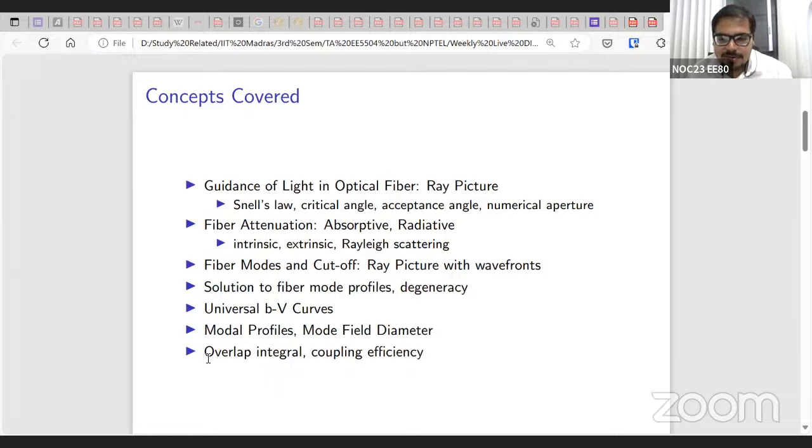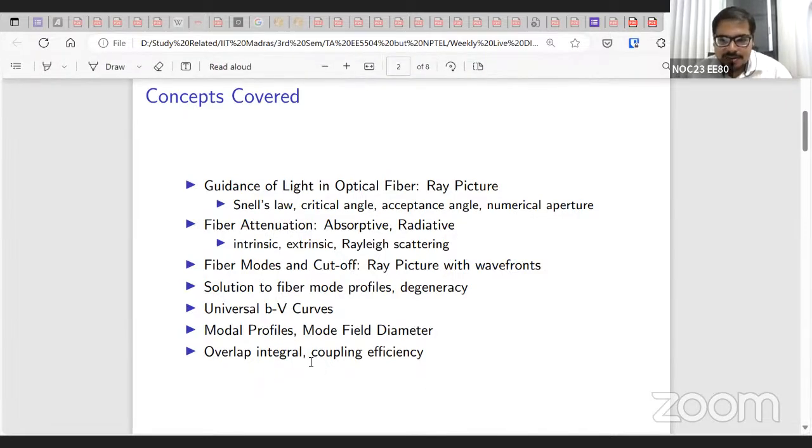So this is an important concept, but we're not going into much depth in discourse. Basically, you can calculate how much power is getting coupled into which mode by using these overlap integrals.